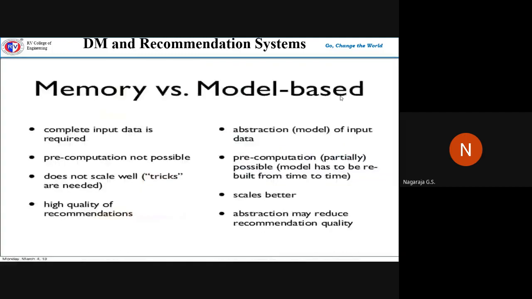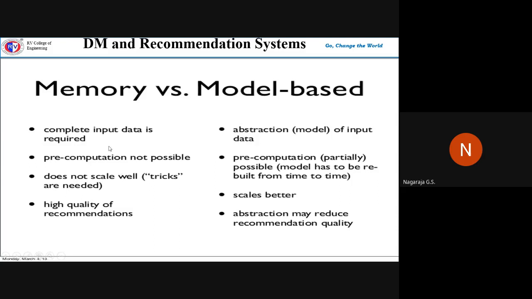And lastly, we have memory versus model-based recommendation. I think it is also similar to the previous recommendation systems. But if you observe, in a memory-based recommendation system the complete input data is required, whereas in a model-based one an abstraction of input data is required.